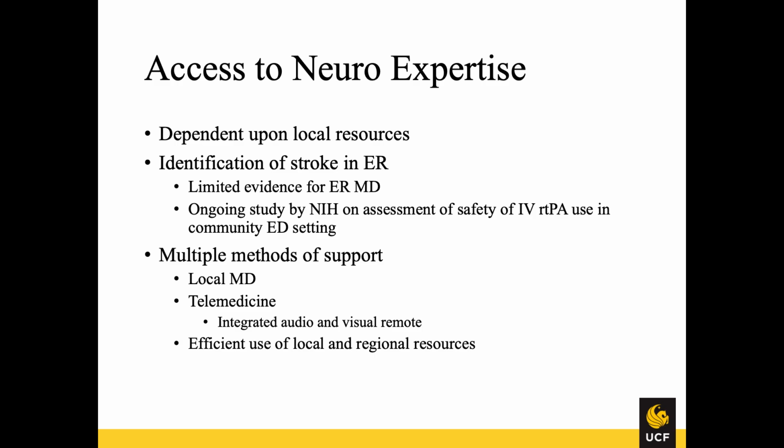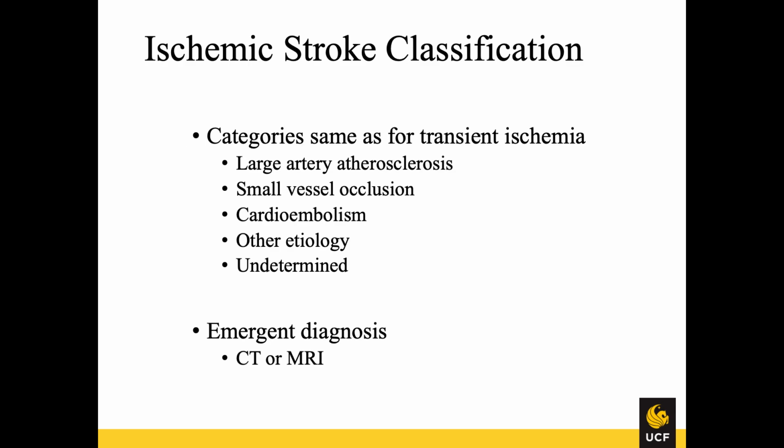I'm not sure what I meant by this limited evidence for ERMD. I don't know what that means. Multiple methods of support, local physicians, telemedicine, which we've already talked about, and efficient use of local and regional resources. All these things important in terms of access to neuro expertise.